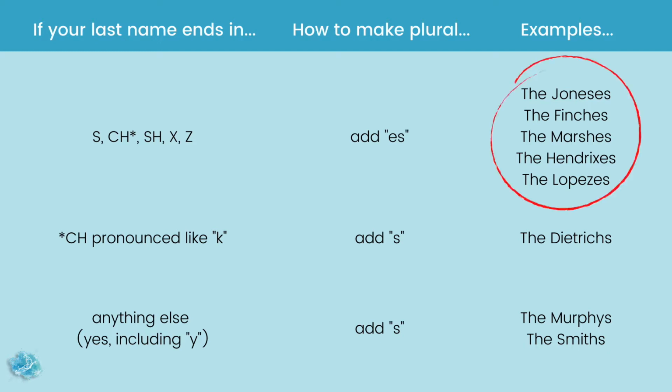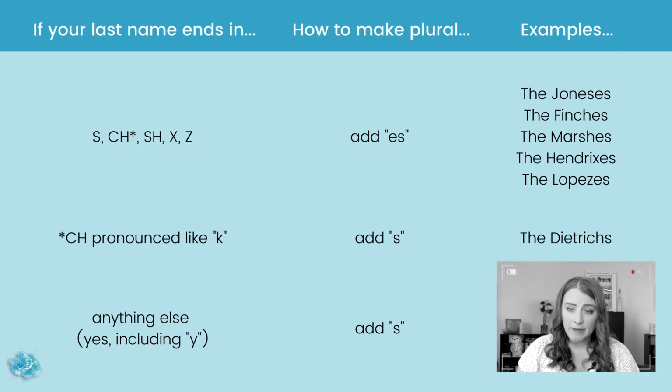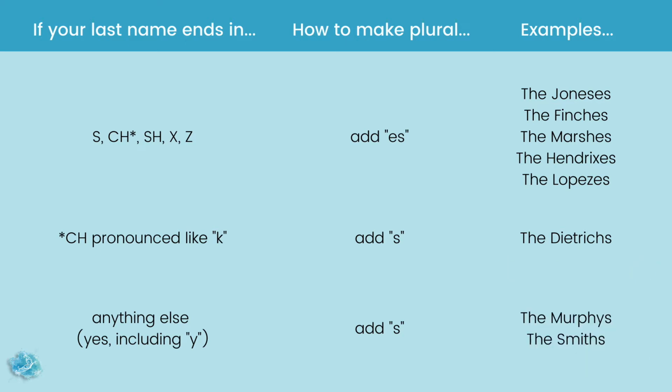So for example, the Joneses, the Finches, the Marshes, the Hendrickses, or the Lopezes. Now, if your name ends in CH, but it sounds like a K, for example, the Dietrichs, all you do is add an S, no ES.